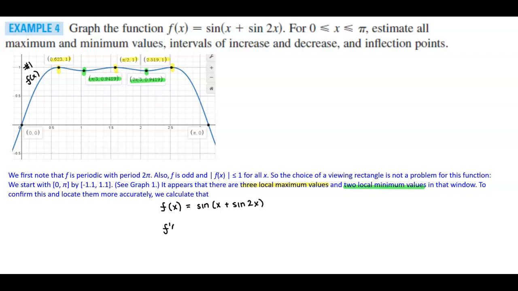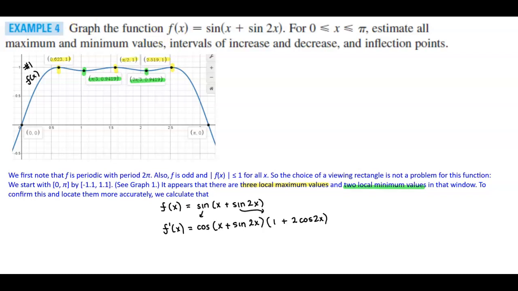So if we want to find the first derivative of this function, then we're going to take the derivative of the sine, which is cosine of x plus the sine of 2x. And then we're going to multiply it by the derivative of what's inside the parentheses. So it's going to be 1 plus the derivative of 2x, which is 2, and the derivative of sine is cosine of 2x. So therefore, there is our first derivative.